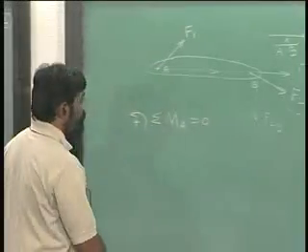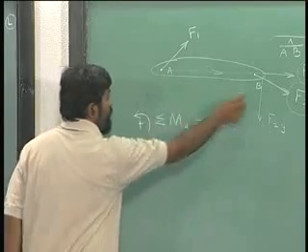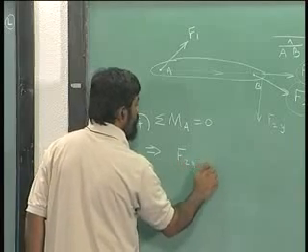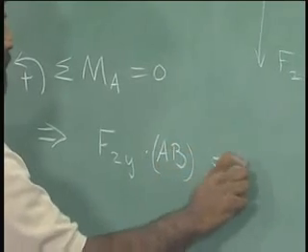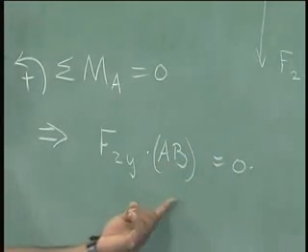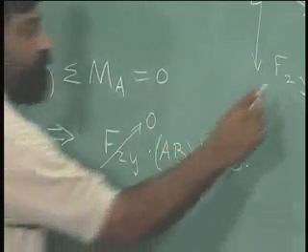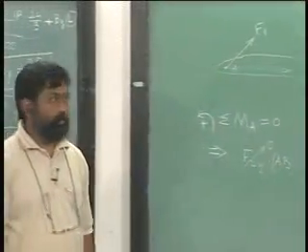Okay, and therefore this will result in, let us say this length is AB, this will result in F2y times AB equals 0, where AB is the length. This automatically means that this is equal to 0. Okay.